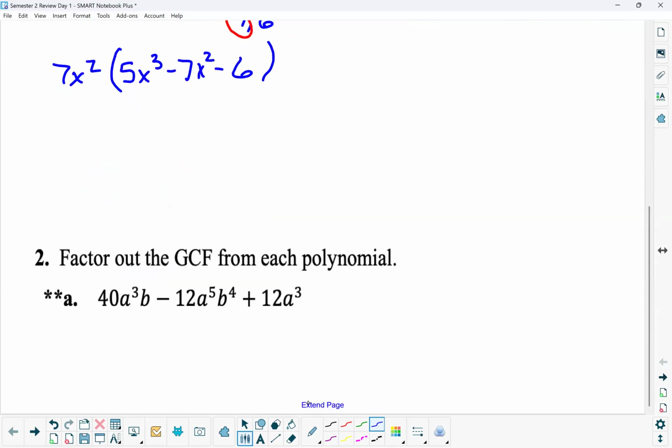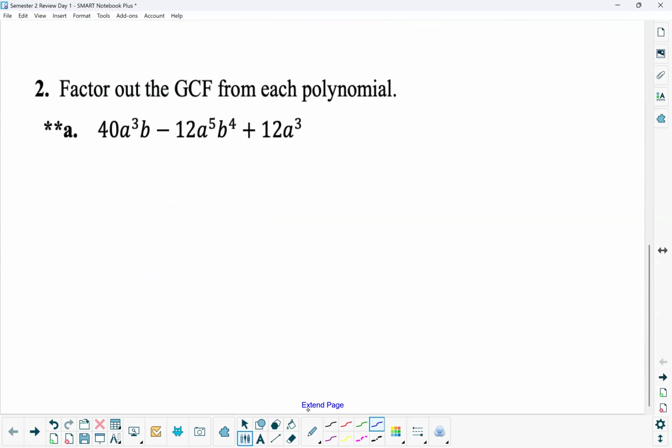If we try number 2a, here we have a couple of different variables and some numbers. If we find the factor pairs, 1 and 40, 2 and 20, 3 doesn't work, 4 does, 4 and 10, 5 and 8, 6 doesn't work, 7 doesn't work.